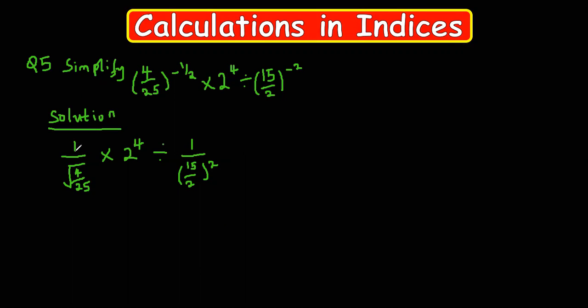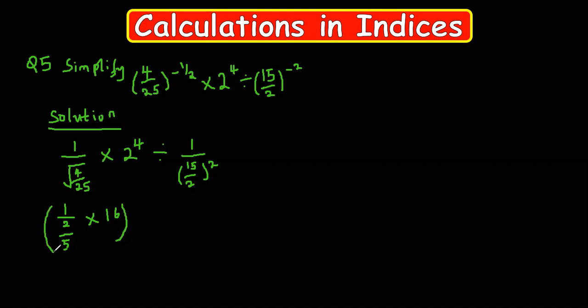This is 1 over 2, because the square root of 4 is 2, over the square root of 25 which is 5, and then multiply by 16.